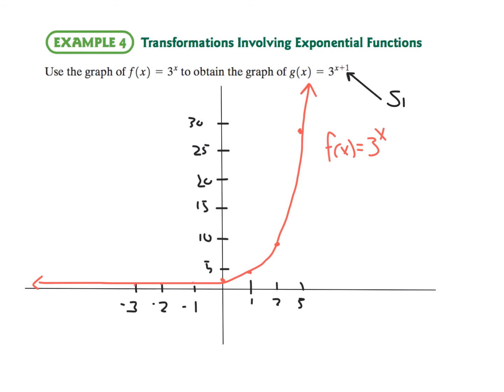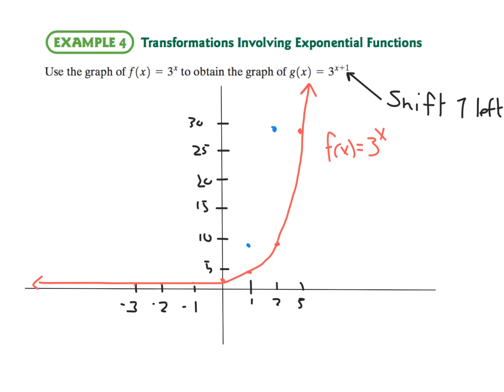And what I want to point out here is, remember, this plus 1 means shift 1 to the left. So every one of these single points right here is going to go 1 unit this way. So in blue, this point is going to be right there.